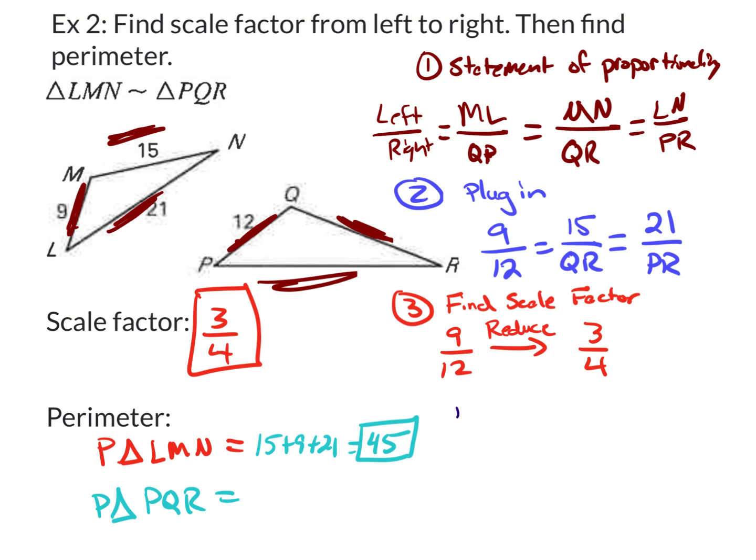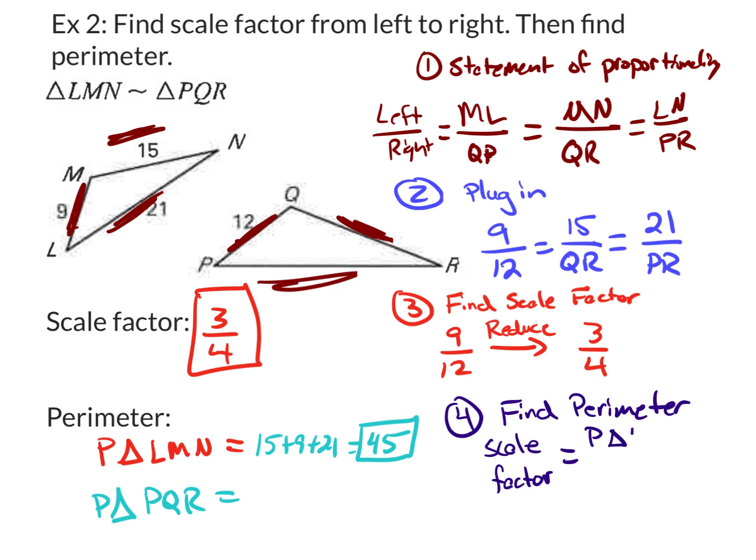Step 4 here is finding perimeter. What I'm going to do is take my scale factor and set it equal to the perimeter of, because my scale factor is from left to right, so I've got to do from left to right on the other one, perimeter of triangle LMN over perimeter of triangle PQR, the bottom, the right one.